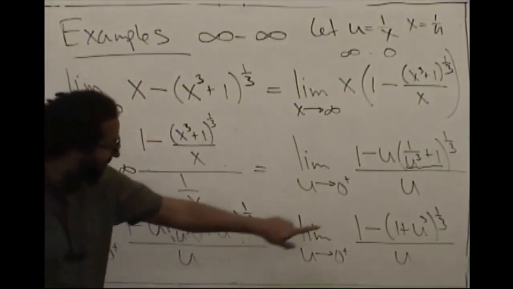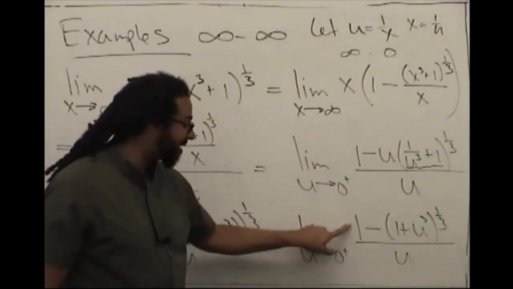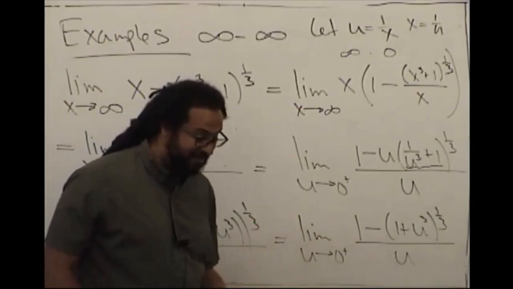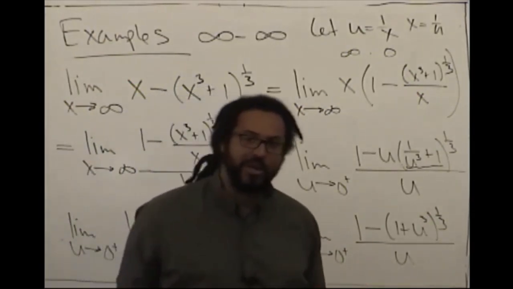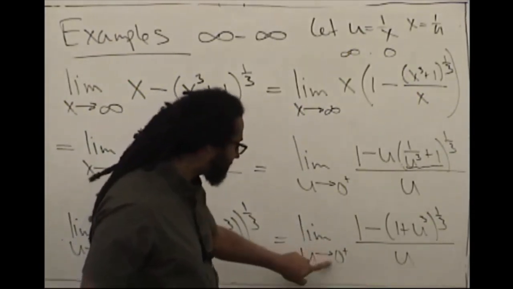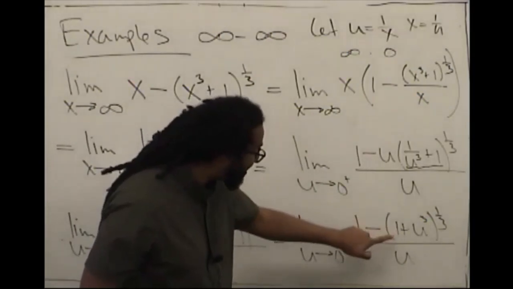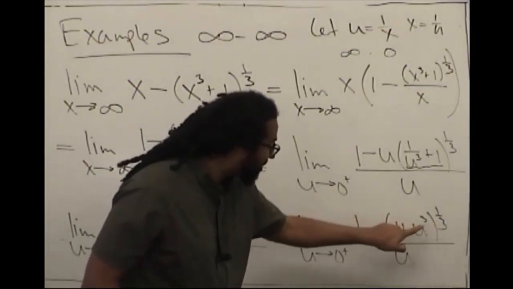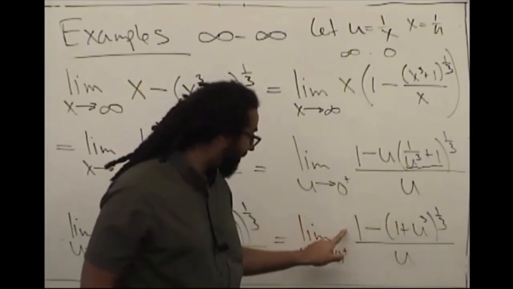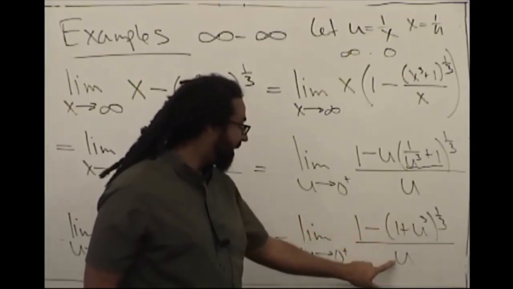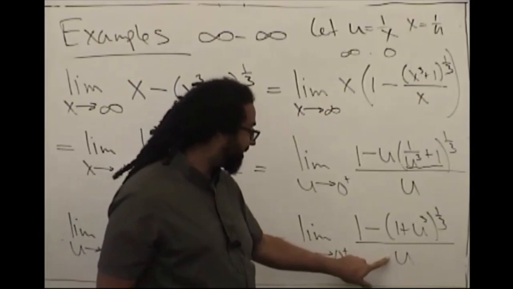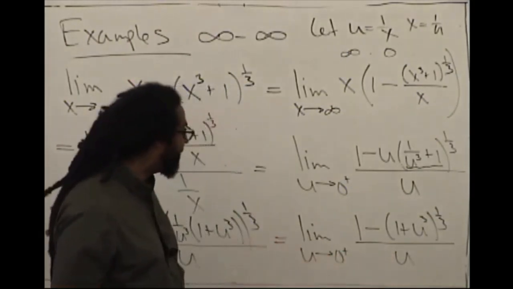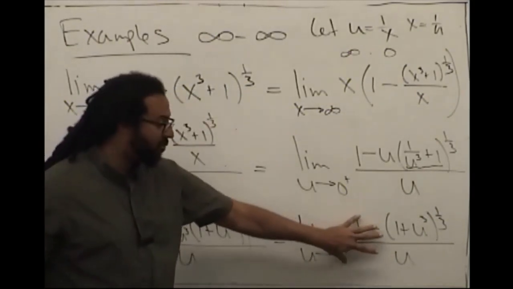It's a basic numerator over a basic denominator. And so now we can apply L'Hopital's rule, right? As u goes to 0, this thing is going to go to the 1/3 power of 1, which is just 1. So I get 1 minus 1, which is 0. And then in the denominator, I get 0. So now we can apply L'Hopital's rule to this thing.